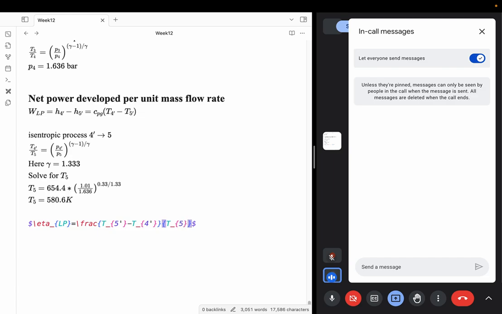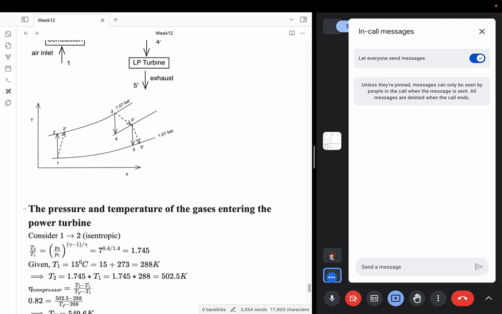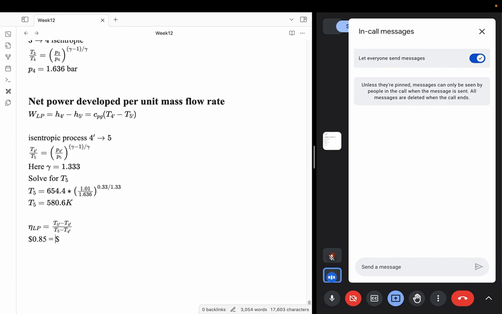The ideal process is T5 minus T4 prime. So eta is given as 0.85. T5 prime is what we are trying to calculate.